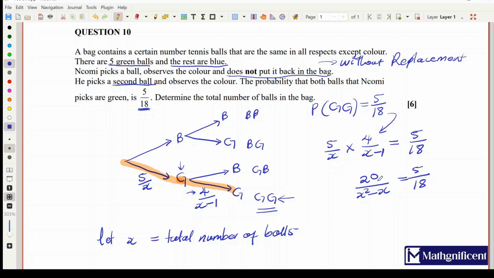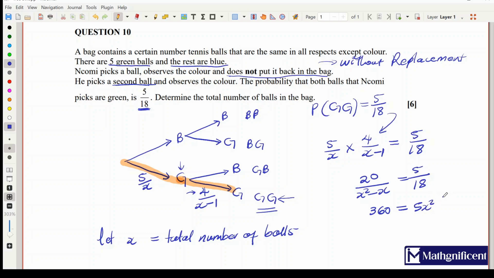So what are we going to do? We know normally what we can do here, we can just cross multiply. So we are going to have 20 times 18, we know that we are going to get 360. And then 5 times x squared minus x, this is going to be 5x squared.